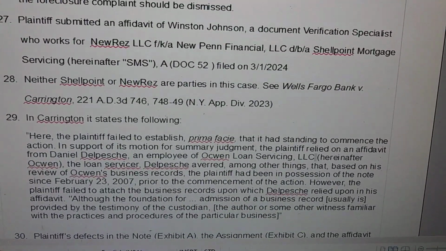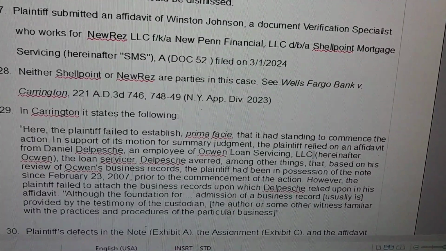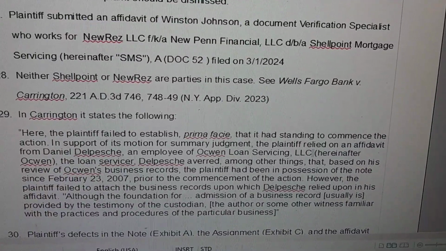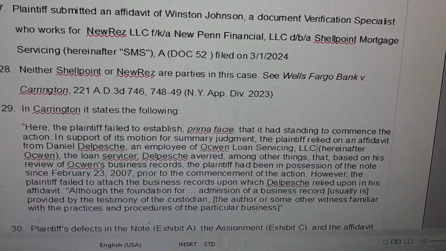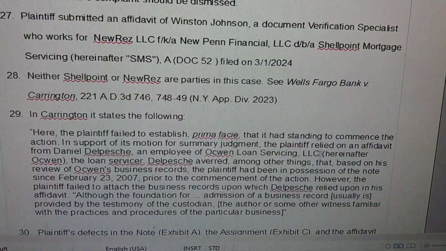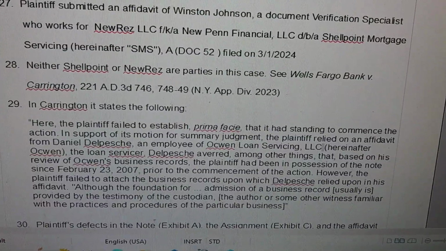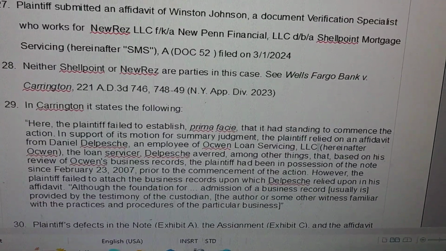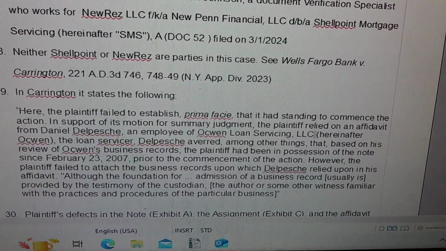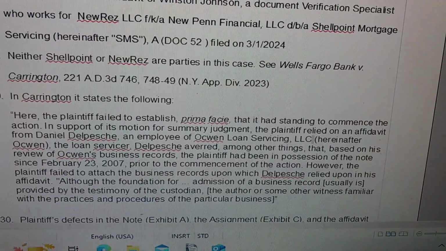Here, the plaintiff fails to establish prima facie that it had standing to commence the action. In support of its motion for summary judgment, the plaintiff relied on an affidavit from Daniel Del Spacci, an employee of Aquin Loan Servicing, LLC, hereinafter Aquin, the loan servicer. Del Spacci averred, among other things, that based on his review of Aquin's business records, the plaintiff had been in possession of the note since February 23, 2007, prior to the commencement of the action.